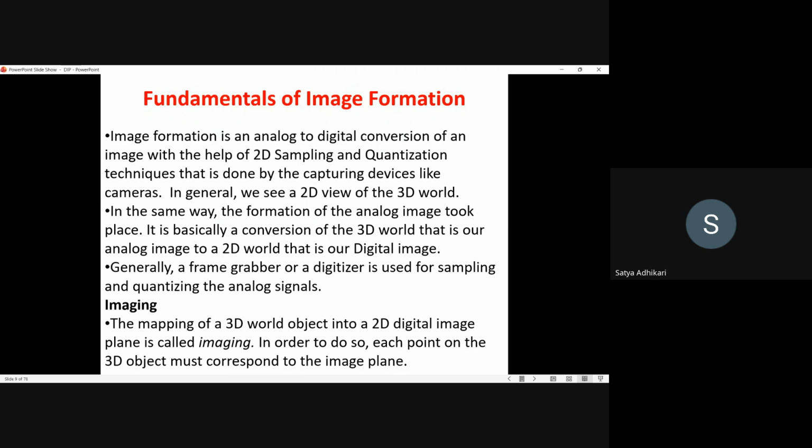Fundamentals of image formation. How does the image form? When we take an image, suppose you are using your mobile phone to capture an image, you know that the size of the image is too large compared to your computer screen or mobile screen.